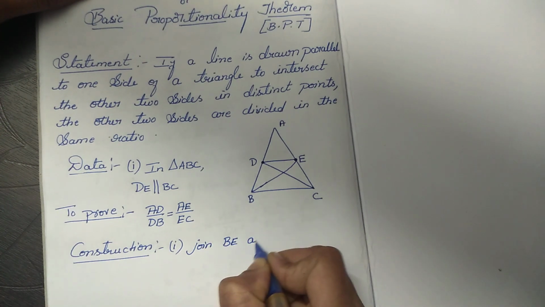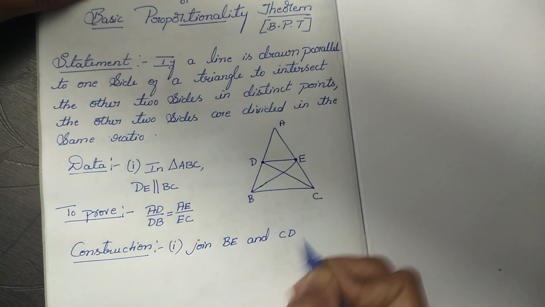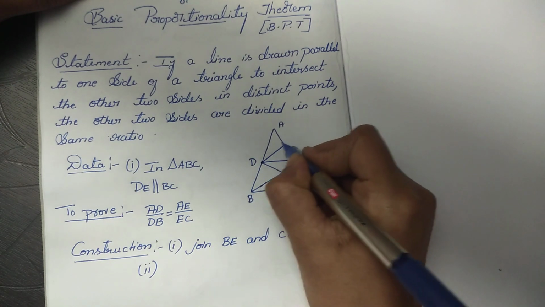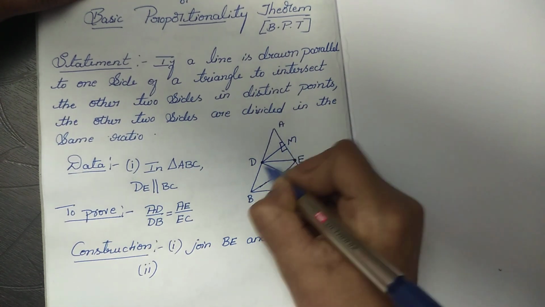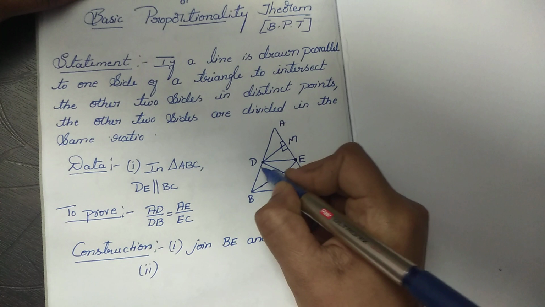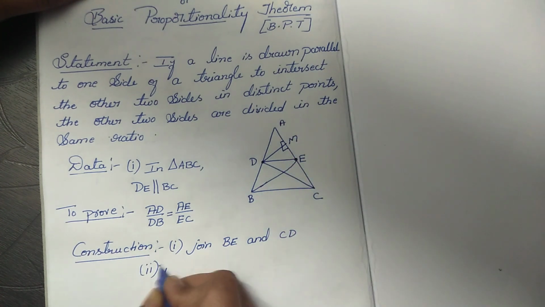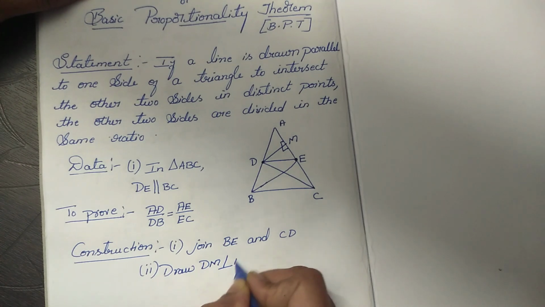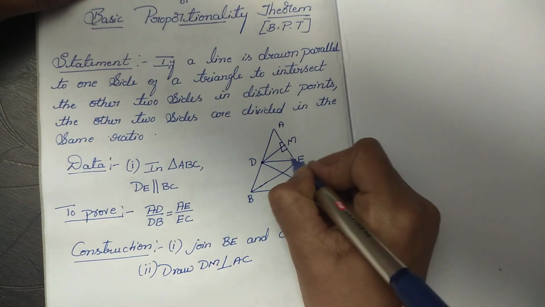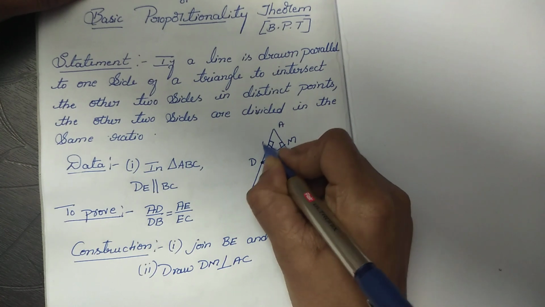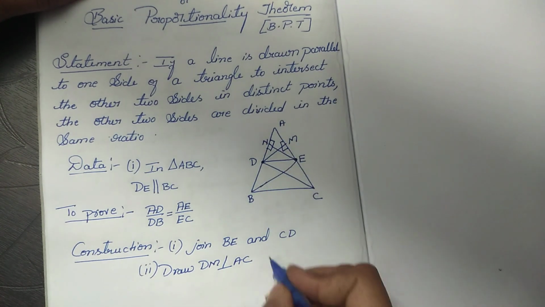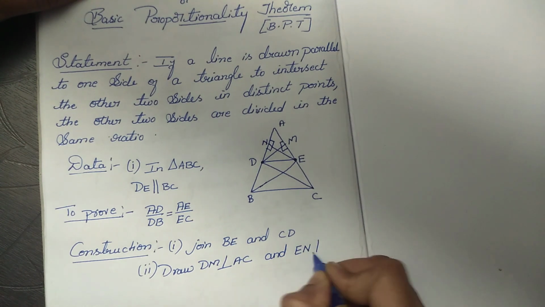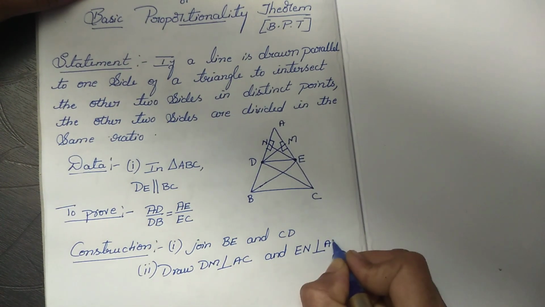Next, in the second point, draw DM perpendicular to AC and draw EN perpendicular to AB.